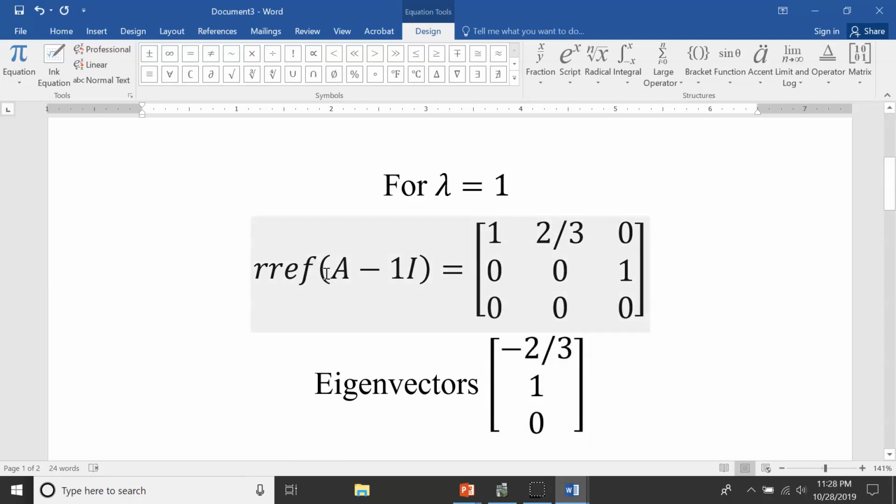Because when you put A minus 1 times I in row reduced echelon form, this is the matrix you get. So x1 has to be equal to negative 2/3 x2, x2 is free, x3 has to be equal to 0.